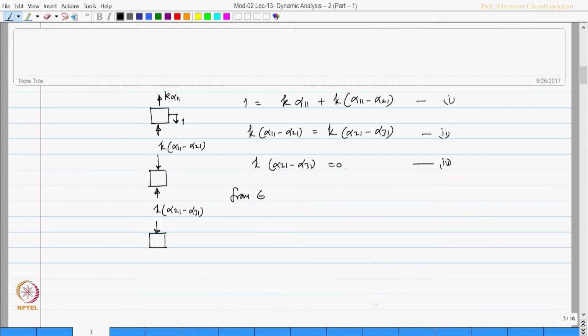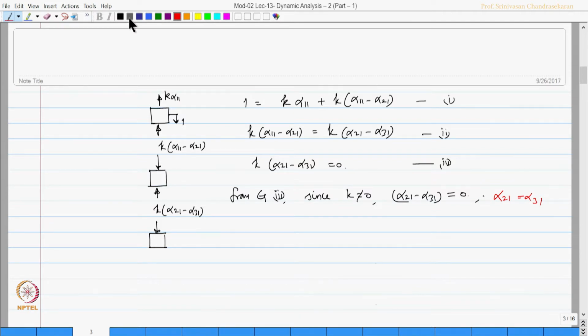So, from equation 3, since k cannot be equal to 0, alpha 2 1 minus alpha 3 1 is set to 0, which implies that alpha 2 1 is equal to alpha 3 1.